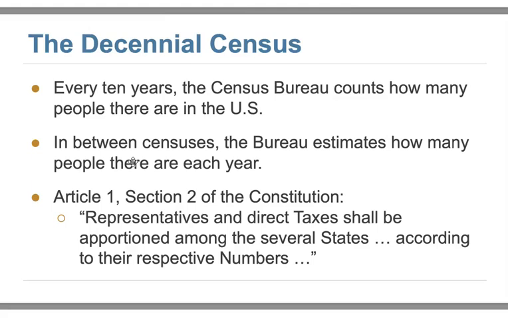How can you get it every year? They only do the big survey every 10 years, and in between they use estimation values. Maybe they do linear regression or something. So the survey is only every 10 years, but in between the data is estimation data.